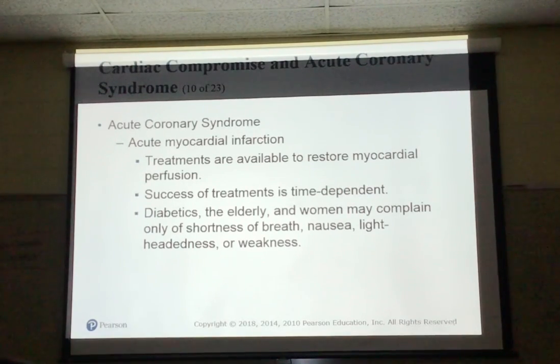So, what are the most common signs and symptoms of an acute myocardial infarction? All right, number 1, chest pain, chest discomfort. Okay, they're usually going to be short of breath. Not always, but most of the time. Okay, they're going to have a radiating pain to their jaw, arm, shoulder, or neck.